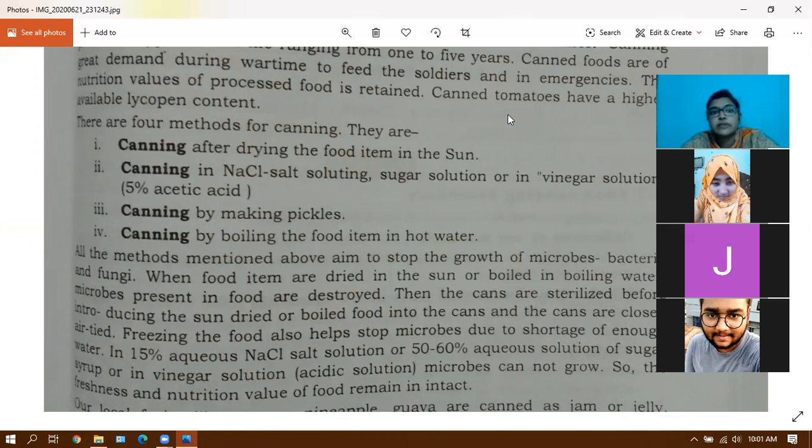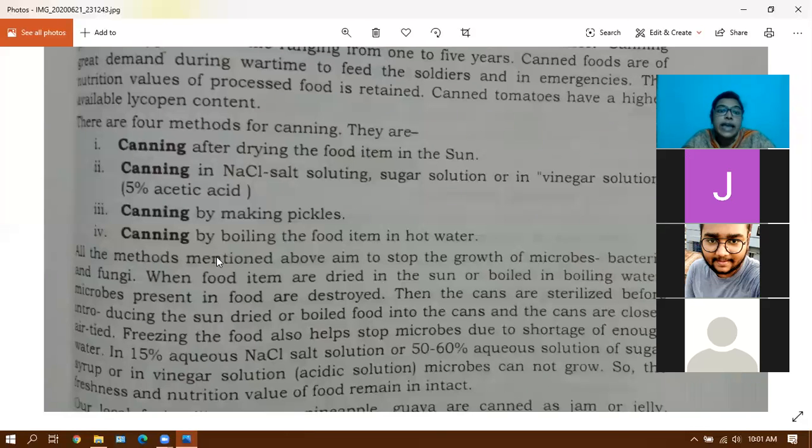There are 4 methods for canning. They are canning after drying the food items in the sun, canning in sodium salt solution, sugar solution, or in vinegar solution. Vinegar solution means 5% acetic acid. Canning by making pickles. Canning by boiling the food items in hot water.